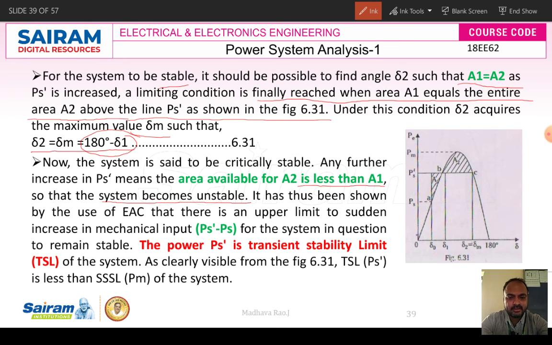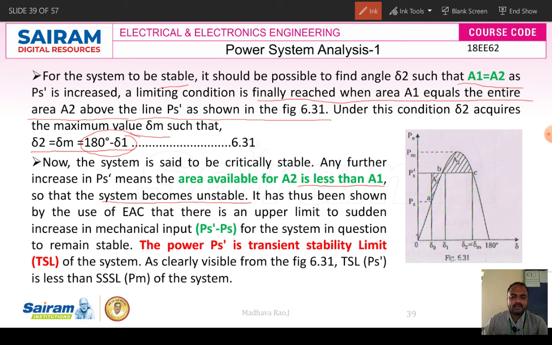It has thus been shown by the use of EAC that there is an upper limit to sudden increases in mechanical input, PS dash minus PS, for the system in question to remain stable. The power PS dash is the transient stability limit.